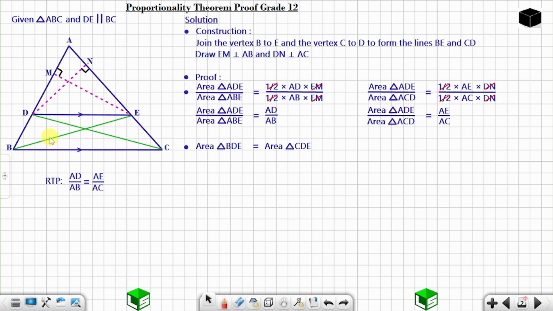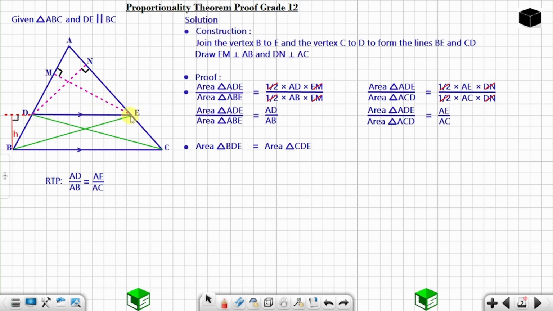So the height for this triangle BDE, if you extend the base DE like this, you are going to have this line perpendicular to the base DE. So this is the height and the base is DE. For this triangle CDE, the base is DE.